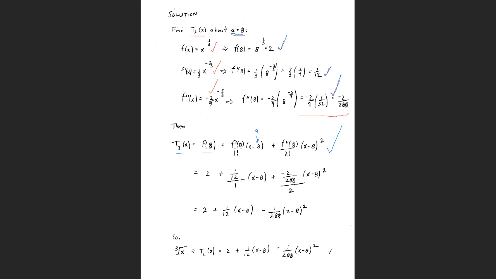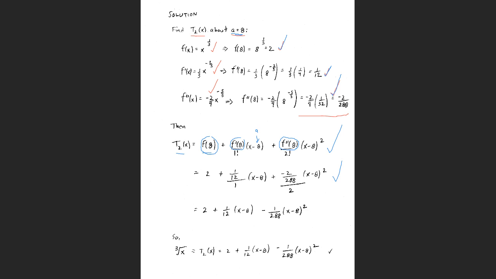Plus f double prime of 8 over 2 factorial times x minus 8 squared. So now I substitute in what f of 8 is, what f prime of 8 is, and what f double prime of 8 is into the second degree Taylor polynomial, and now I have concrete coefficients.